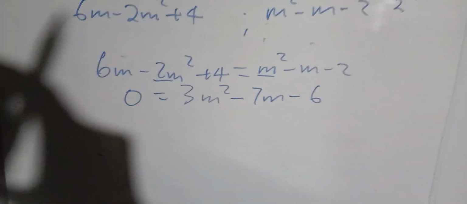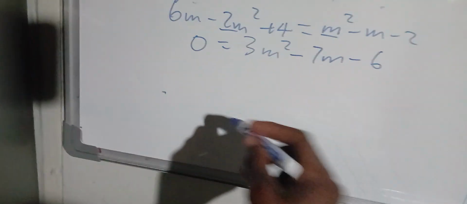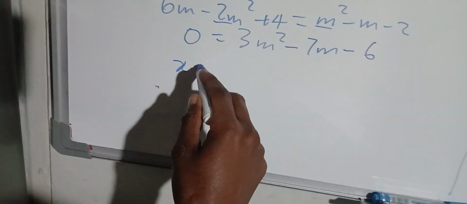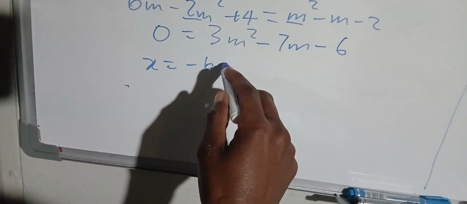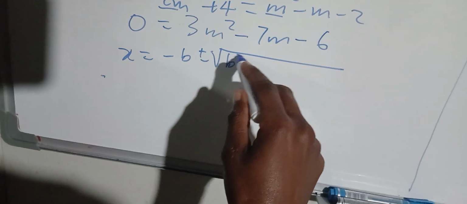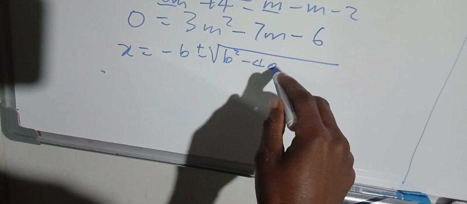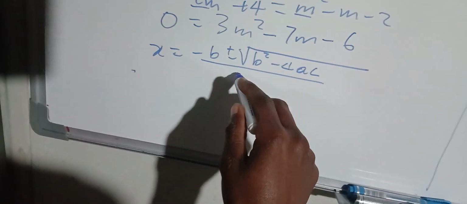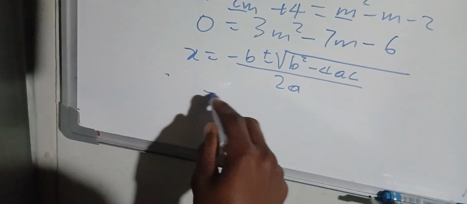So now I don't have a calculator, so I'll use the quadratic equation: x equals negative b plus or minus the square root of b squared minus 4ac, all over 2a.